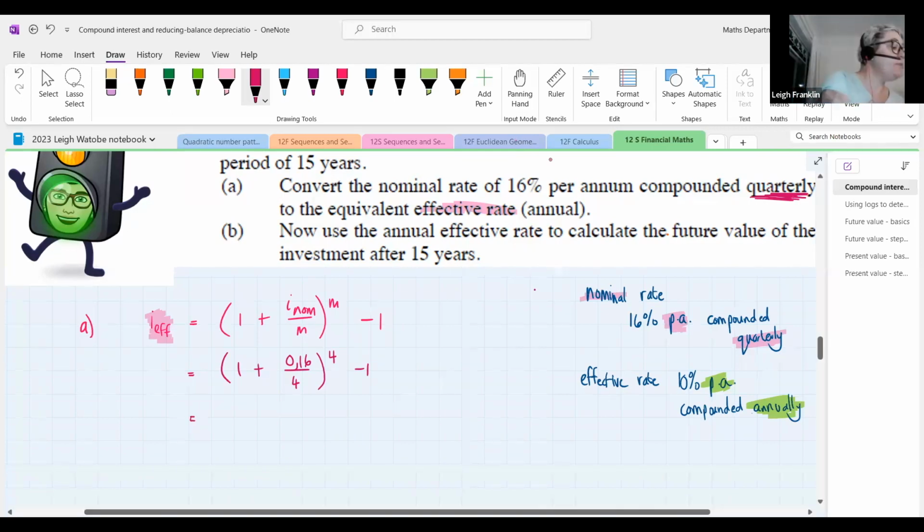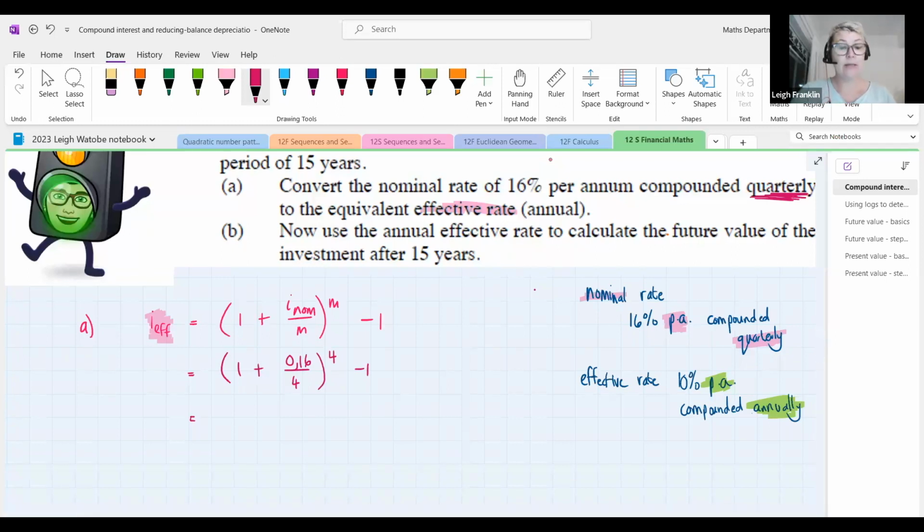All right, and then we just pop that into the calculator and we'll see what our effective rate would be. There we go. So that is the same as an effective annual rate, 0.16, and again I'm going to write down 985856.